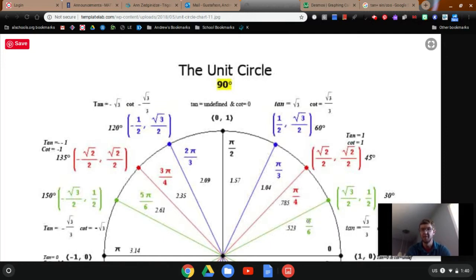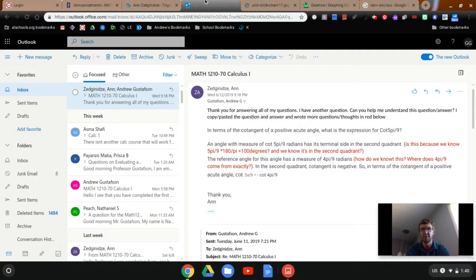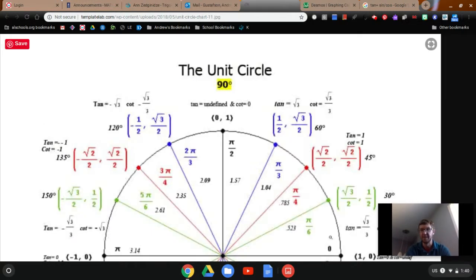So we have pi over 6, 2 pi over 6, which reduces to pi over 3, 3 pi over 6, 4 pi over 6, 5 pi over 6, 6 pi over 6, and so on. And then the fourths as well. So it's not broken up into ninths. Your question was specific to 5 pi over 9. So we would have to guesstimate a little bit here.